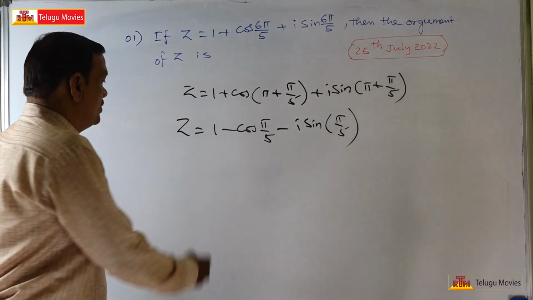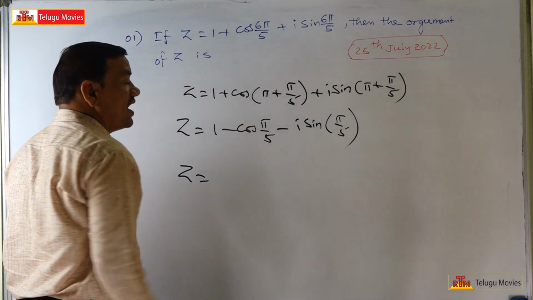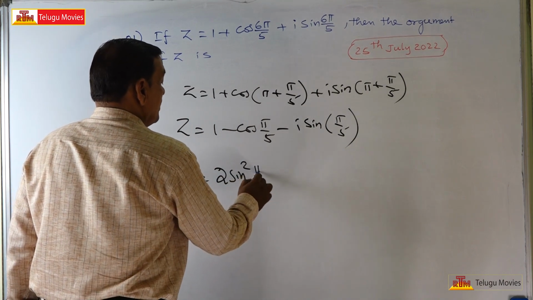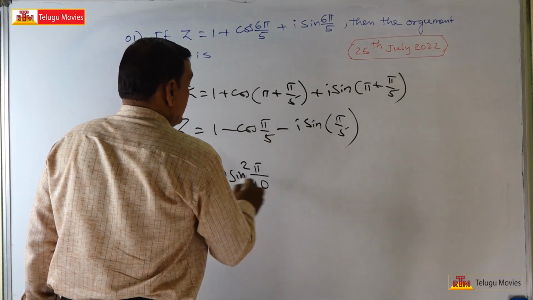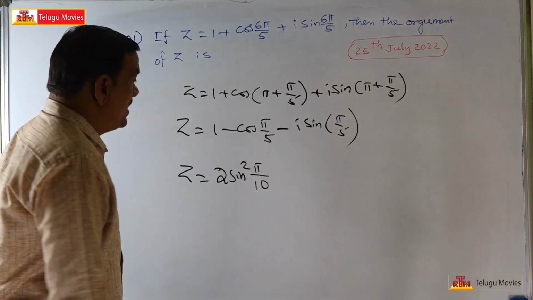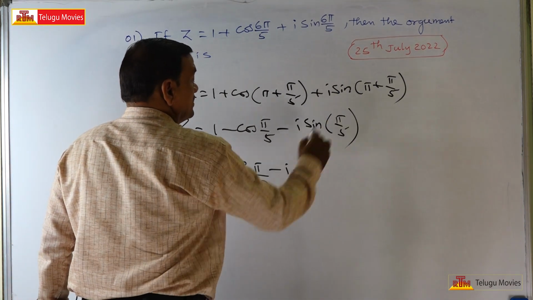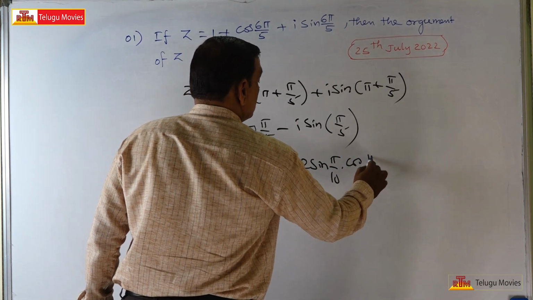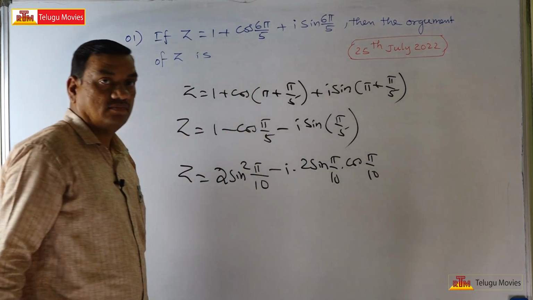Now, Z equals 1 minus cos 2a, which is 2 sin²a, with a equal to π/10, minus i sin 2a, which is 2 sin(π/10) cos(π/10).